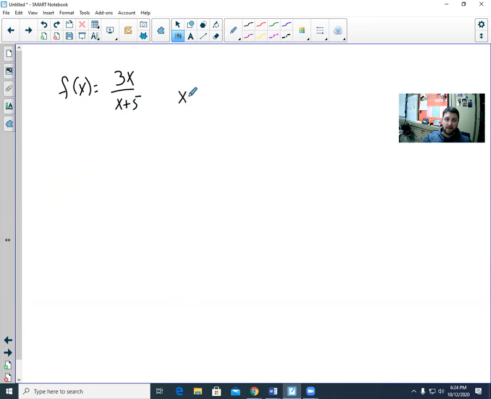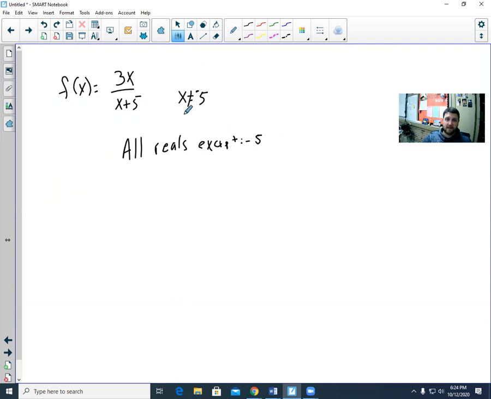And right now I can tell immediately that if x equals -5, I'm instantly going to have an issue because the bottom of my function is undefined now, right? It's 0, so it's undefined. So right now, I would put for my domain all reals except -5.